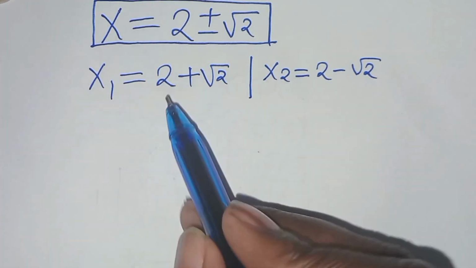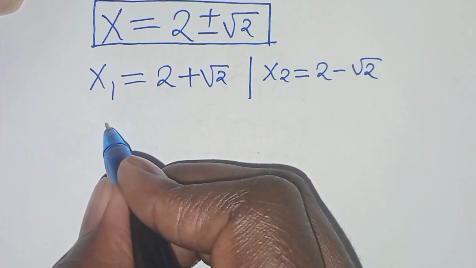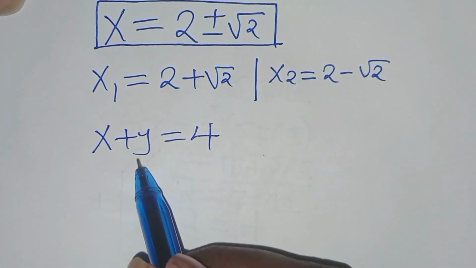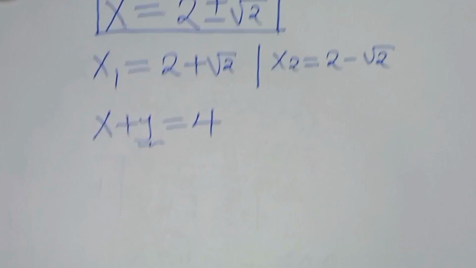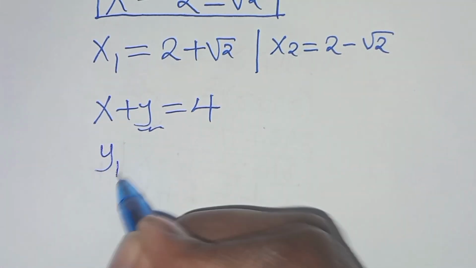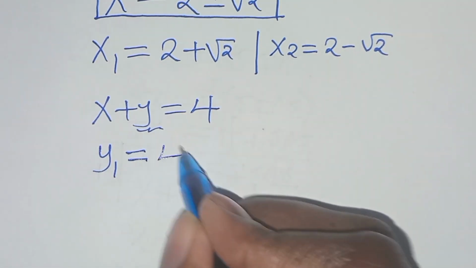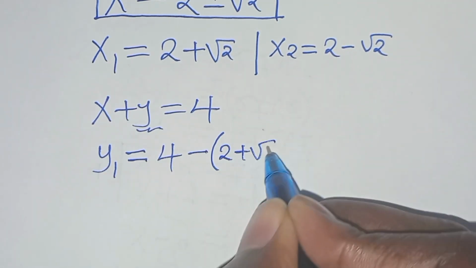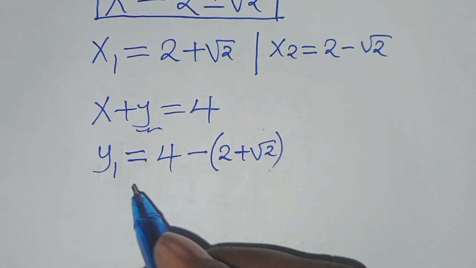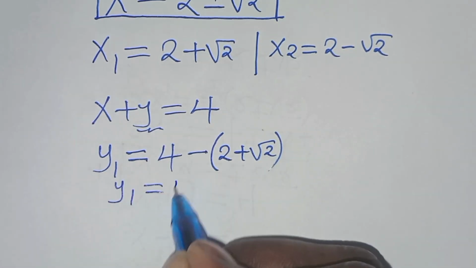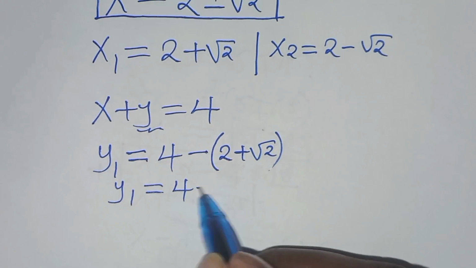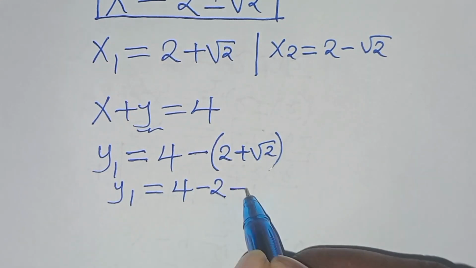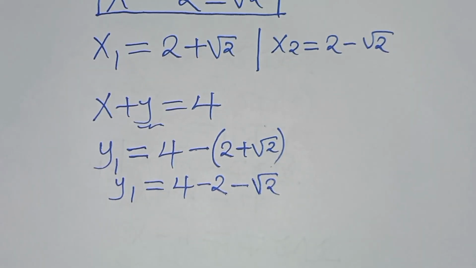From equation 1, which is x plus y equal to 4, we can solve for the value of y. So y1 is equal to 4 minus x1, which is 2 plus square root of 2. So we have y1 equal to 4 minus 2, then minus times plus square root of 2, this is minus square root of 2.